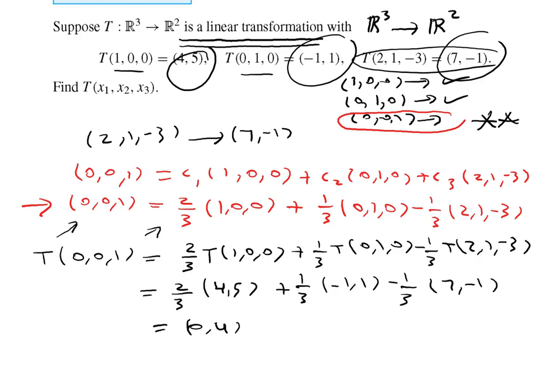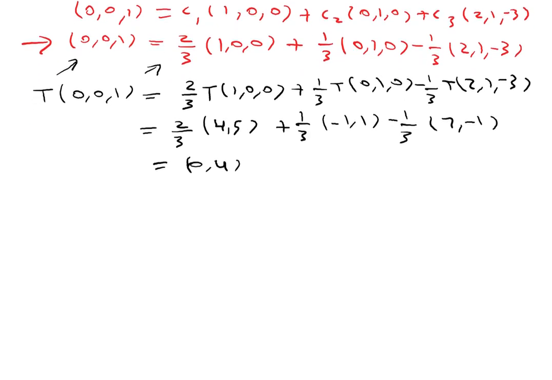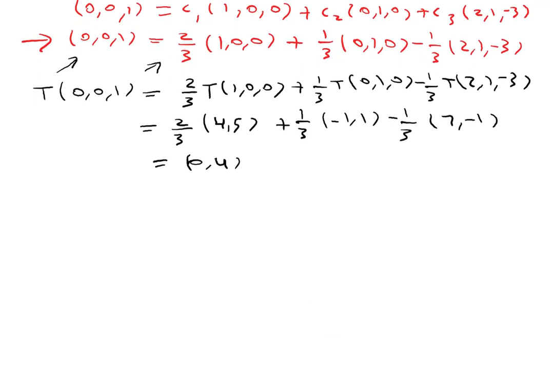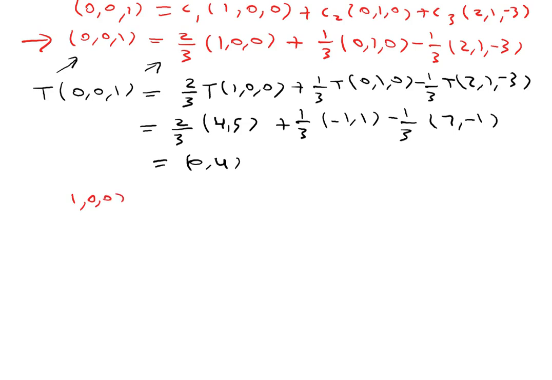So now we have it. We do have what was missing. Meaning, we have (1, 0, 0). It's taking me to 4, 5. We have (0, 1, 0). It's taking me to negative 1, 1.